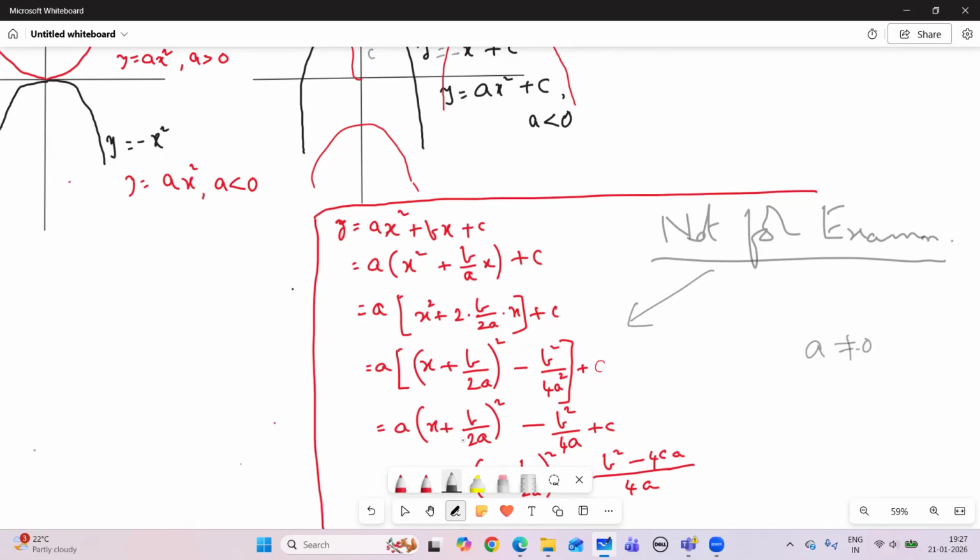Multiplied by a, it depends on the sign of a. If a is negative, this whole thing becomes negative.